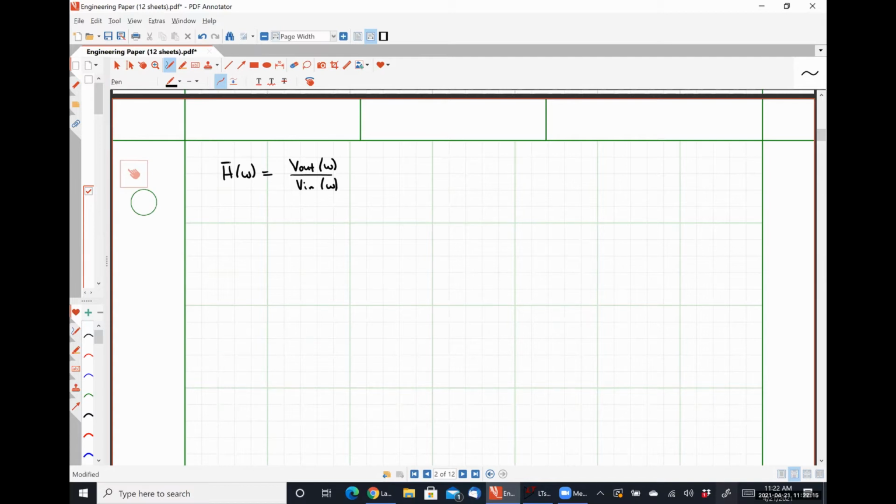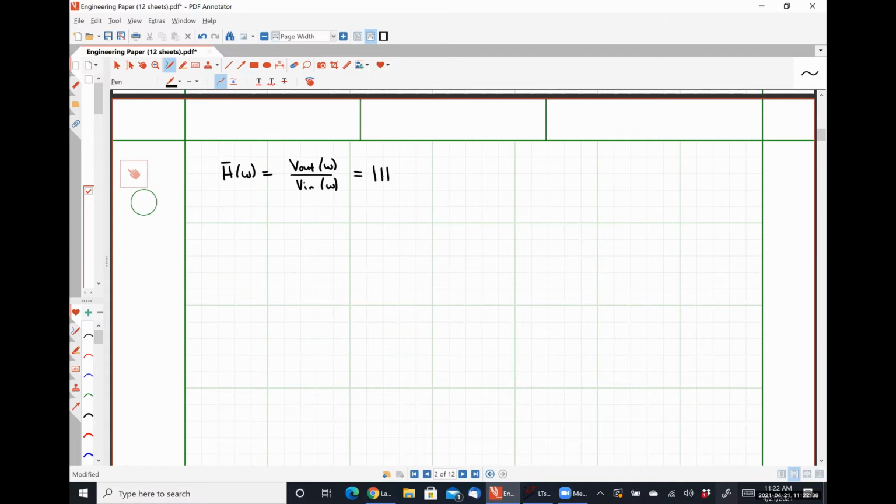Since V out is a phasor, since it depends on frequency, and V in is a phasor, our transfer function H, the ratio of output voltage to input voltage, is by definition a complex number. So H can be decomposed into two parts.